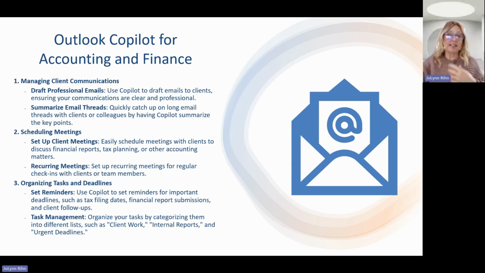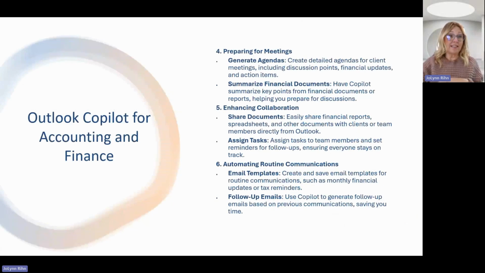But also to continue this conversation of different things that Copilot can help us with, with an accounting and finance focus, is preparing for a meeting. It can help us with creating agendas and different things, and the agendas can be coming from different conversations that we've had throughout an email structure. So let's say that we have a new invoicing process that we're trying to plan out.